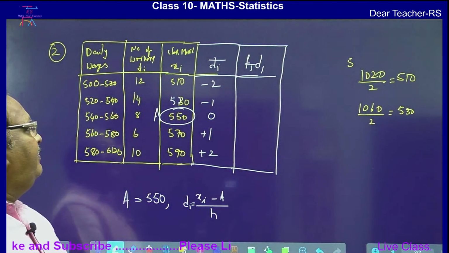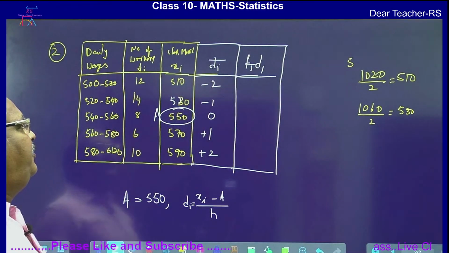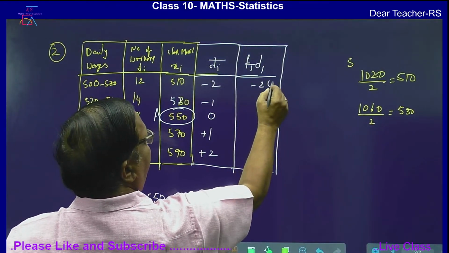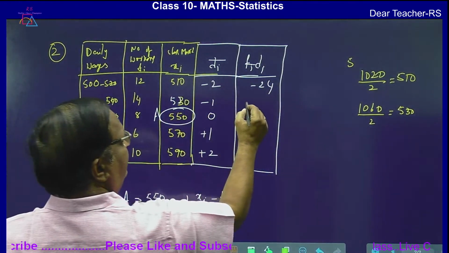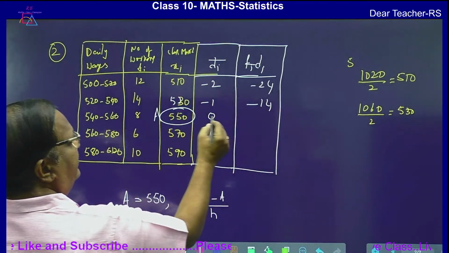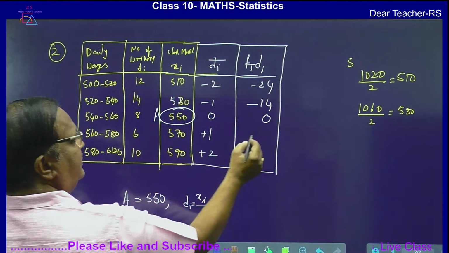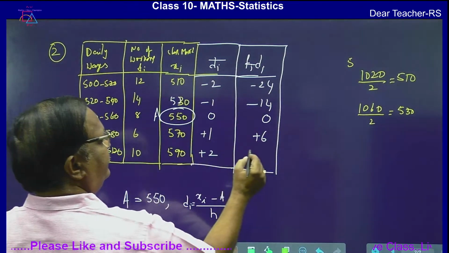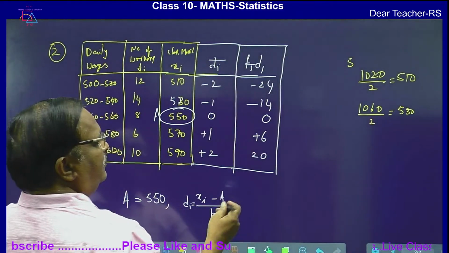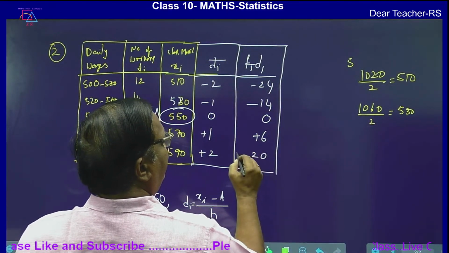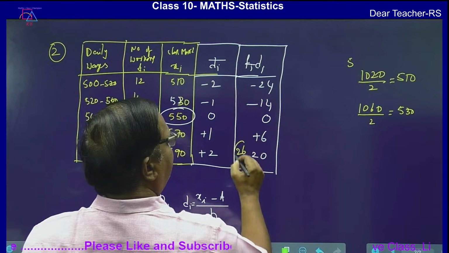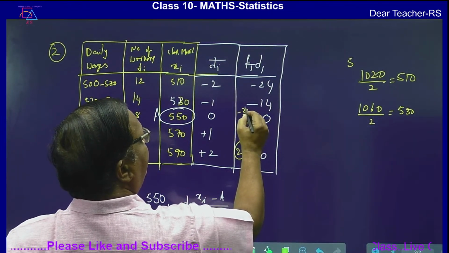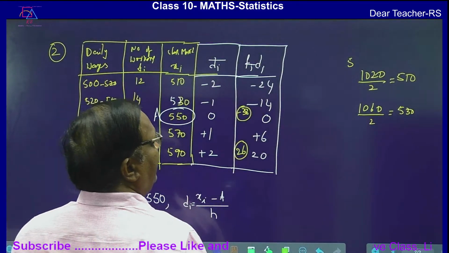Fi di, frequency into deviation, you have to multiply. So then how much? 12 into minus 2, minus 24, 14 into minus 1, minus 14, 8 into 0, 0, 6 into 1, 6, 10 into 2, 20. So now the plus value is 26, and minus 38 is the minus value.